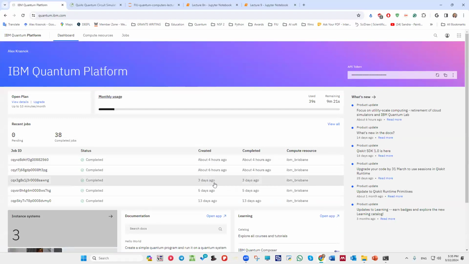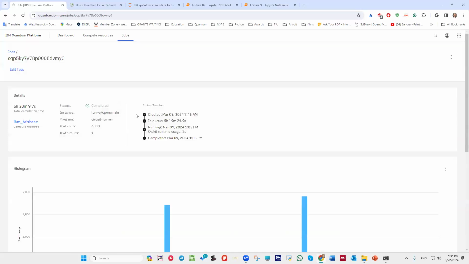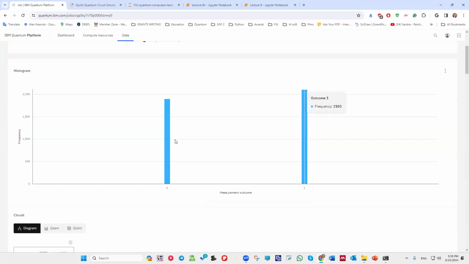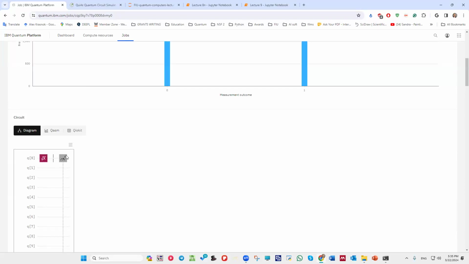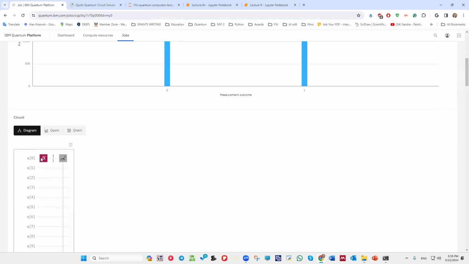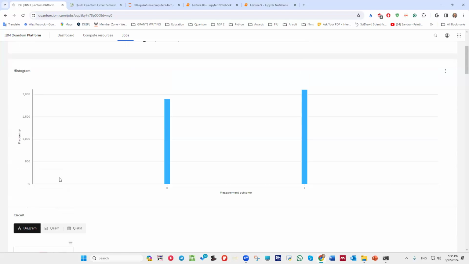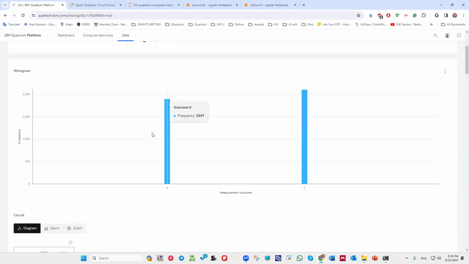These are 2 days, so 3 days and 5 days ago, some of you used my system to simulate the circuit. Anyways, so this is the simulation of the single-qubit golden circuit, which is transpiled to this square root of X gate for this particular simulation, and this is the result.